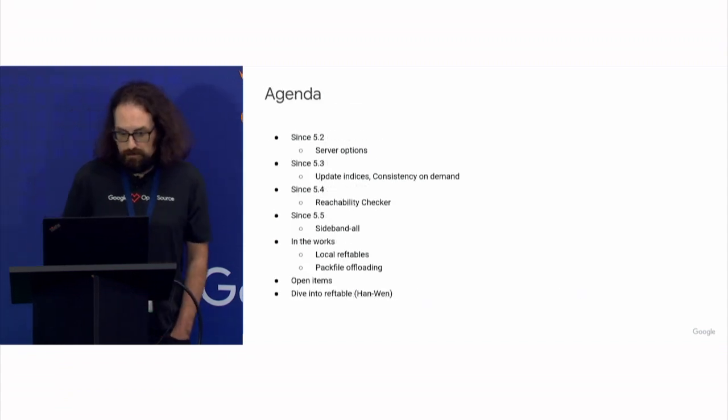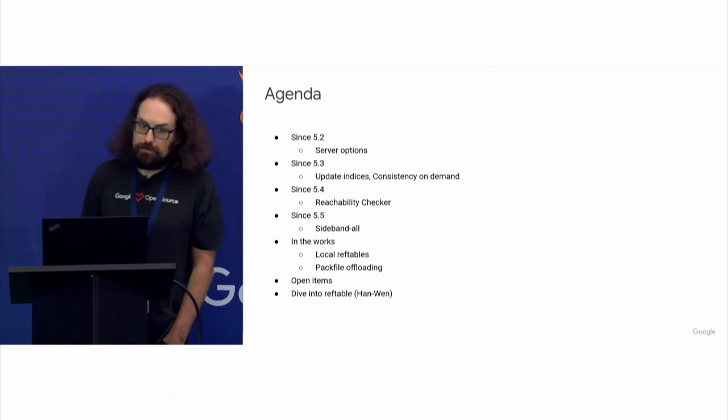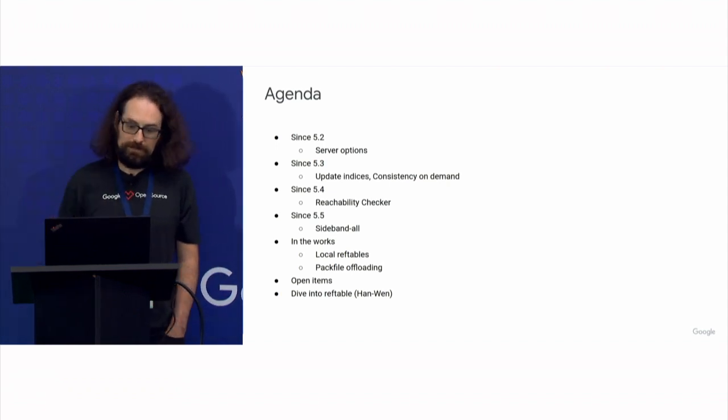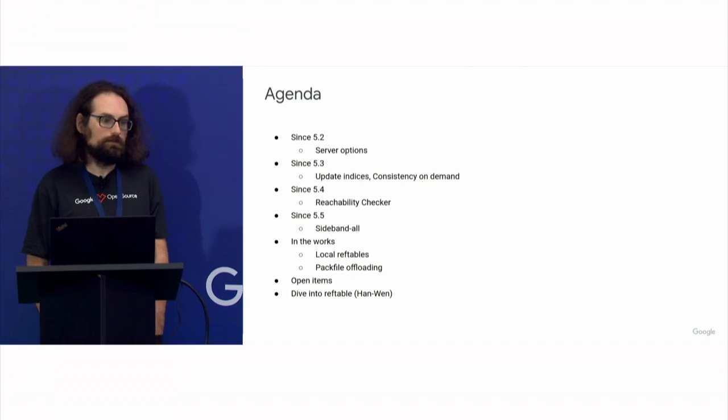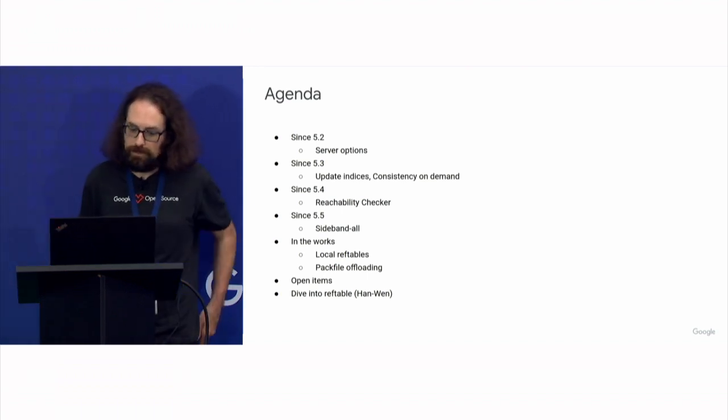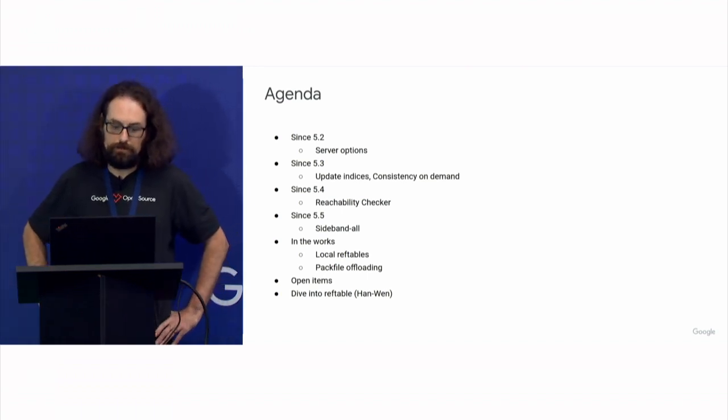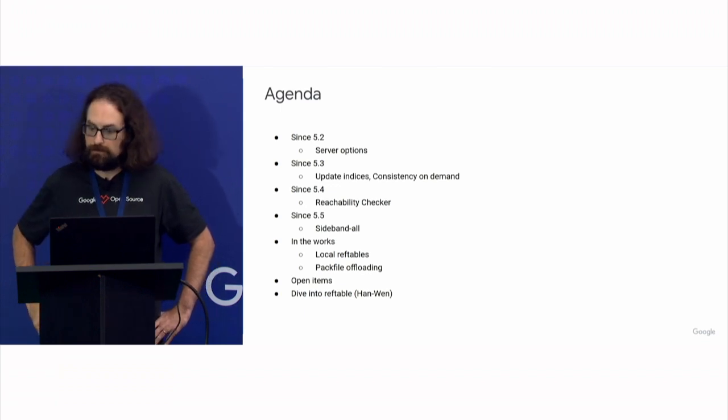So I want to follow more or less a chronological order, which is also the steps in which we have been building the features. I will first introduce server options, then update indices, and those were two enabling features that allow us to implement something called consistency on demand that I will also explain.